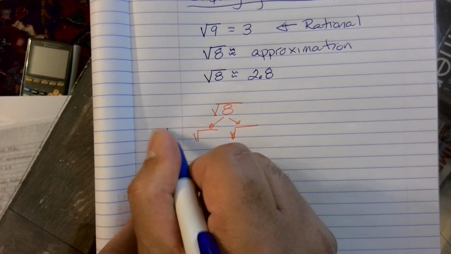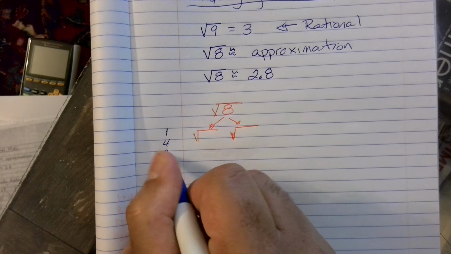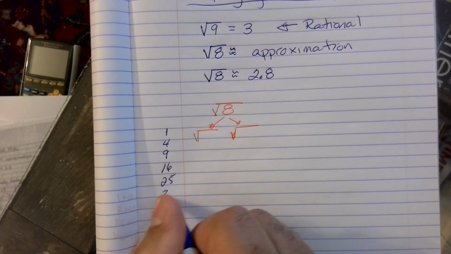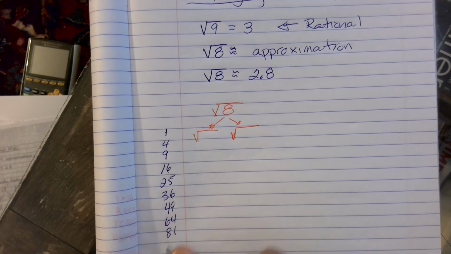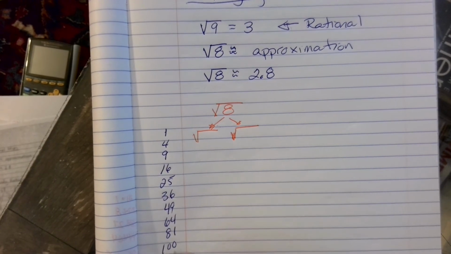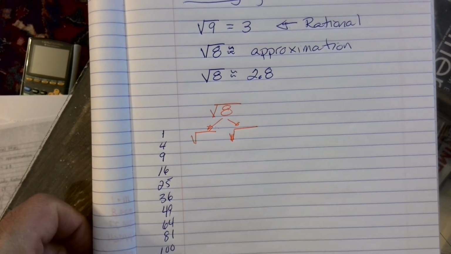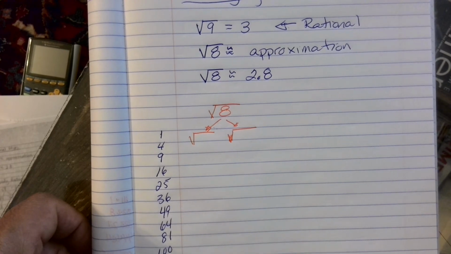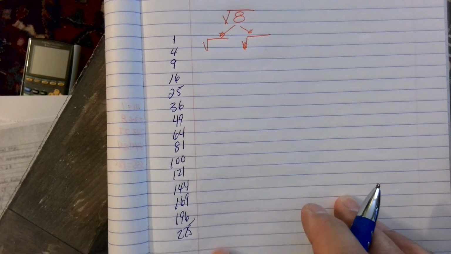Perfect squares are 1 times 1, which is 1, 2 times 2 is 4, 3 times 3, 4 times 4, 5 times 5, 6 times 6, 7, 8, 9, 10, 11, 12 times 12, 13 times 13, 14 times 14, 15 times 15. These are all perfect squares.